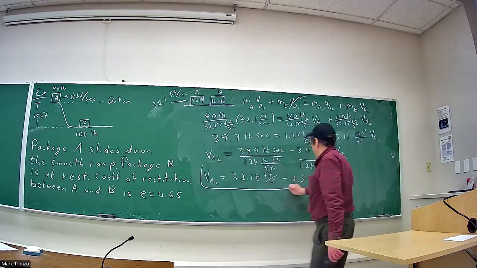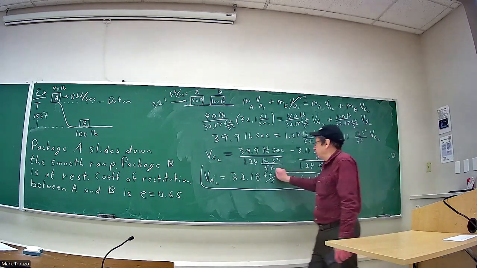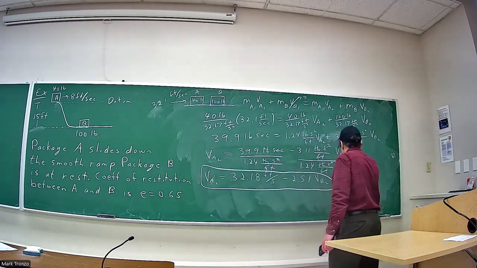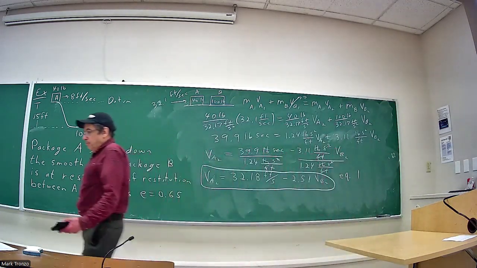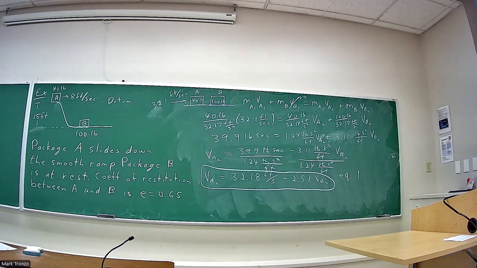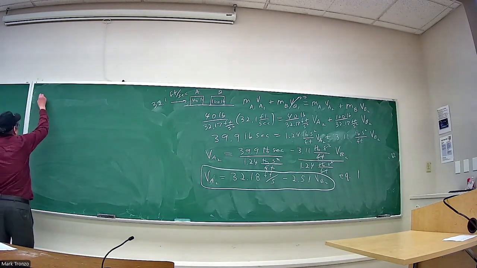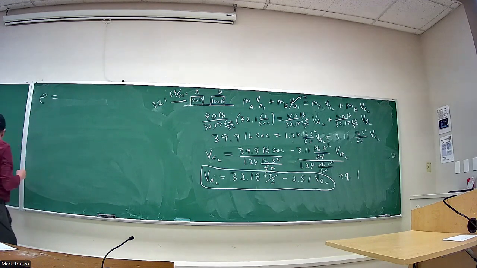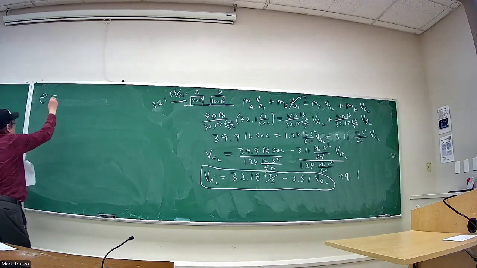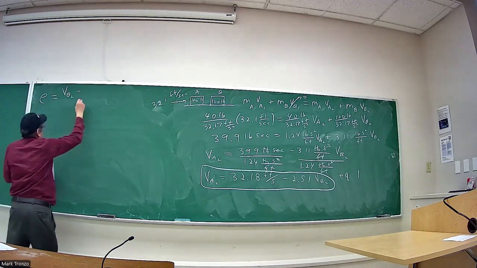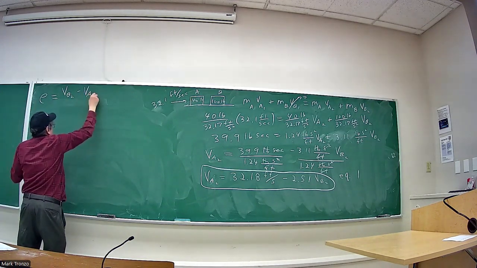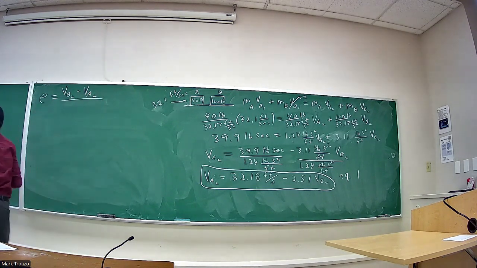So we're going to work with this equation, and we have two unknowns, so we're going to need another equation. We'll call this equation 1. We'll get the other equation from our coefficient of restitution. Remember, that's E equals VB2 minus VA2 divided by VA1 minus VB1.